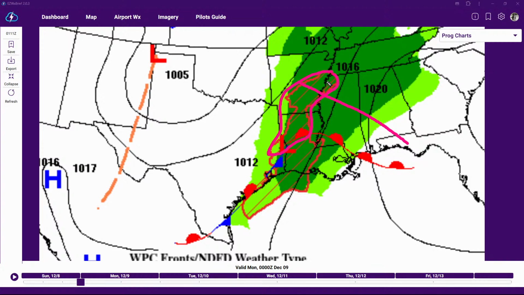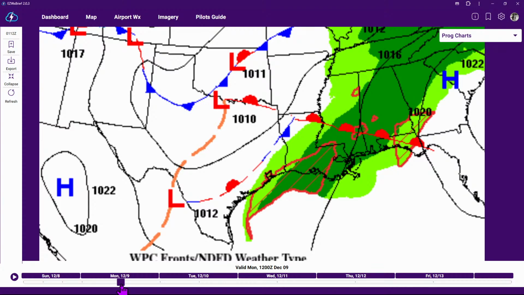And because it's associated with a warm front and all those low IFR conditions, and even marginal VFR, these are all going to be embedded cells. So if it does eventually develop, these are going to be embedded thunderstorms or embedded convection in that region. I don't foresee this being a major convective outbreak here, but nevertheless, it still is something concerning when flying small airplanes in this particular area.